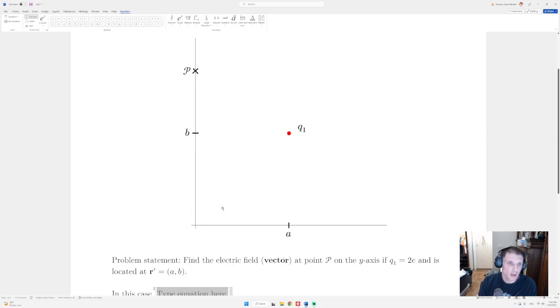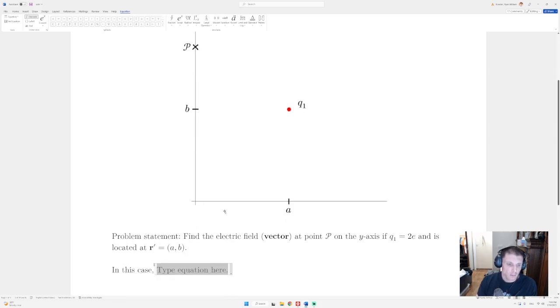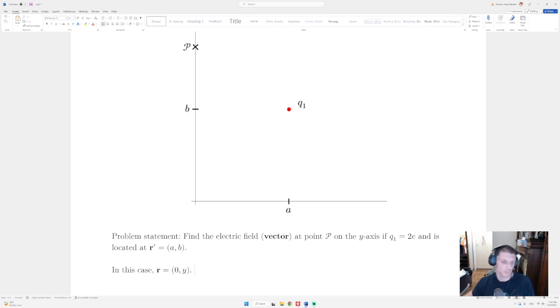I think what I was going to say was about the R. The R with no prime is the vector that takes us from the origin to where we want to calculate the field. So we'll leave this general: 0 for the x component and y for the y component.